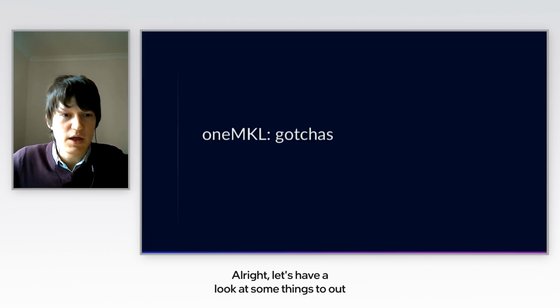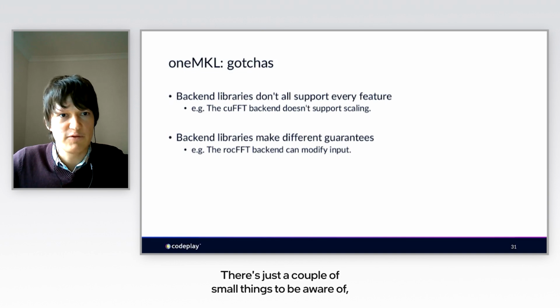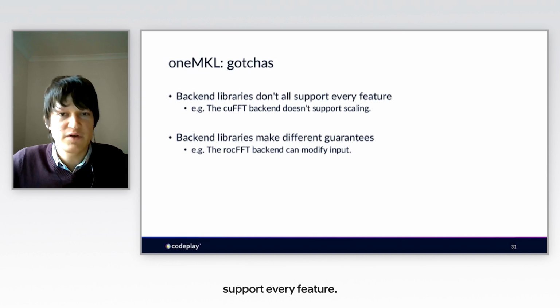All right. Let's have a look at some things to watch out for when using the library. There's just a couple of small things to be aware of. For example, backend libraries don't all support every feature.